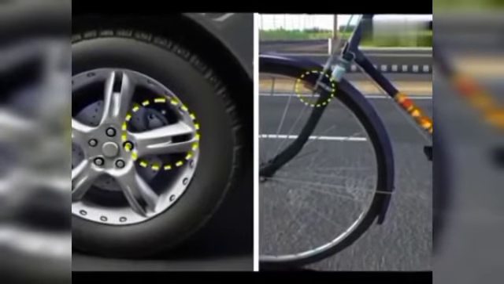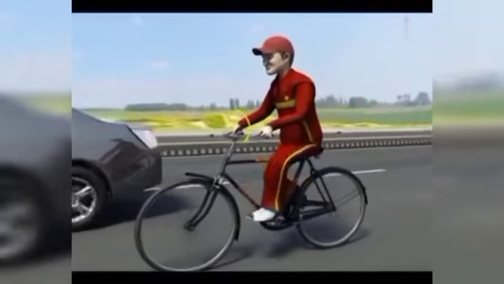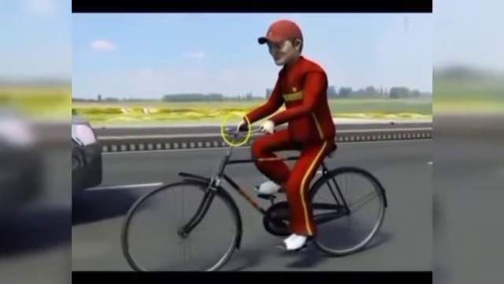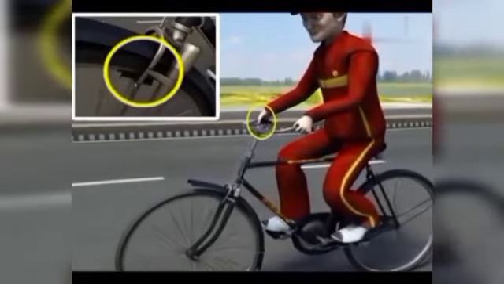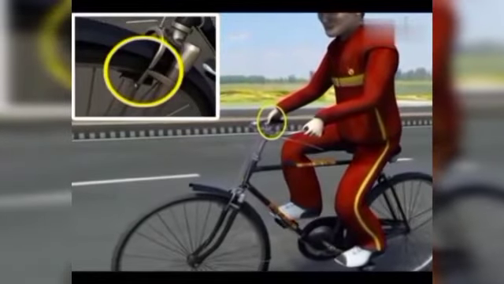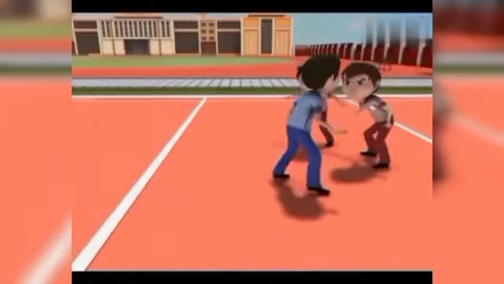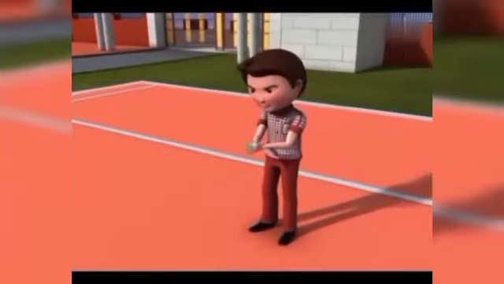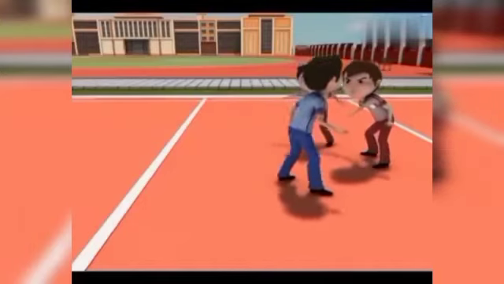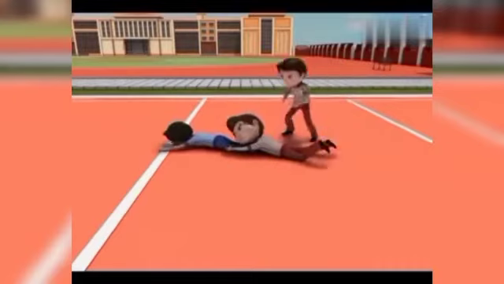As the brakes are applied, the brake pads arrest the motion of the rim due to friction. Do you know why the kabaddi players or gymnasts apply some coarse substance on their hands? They do so to increase the friction for better grip.